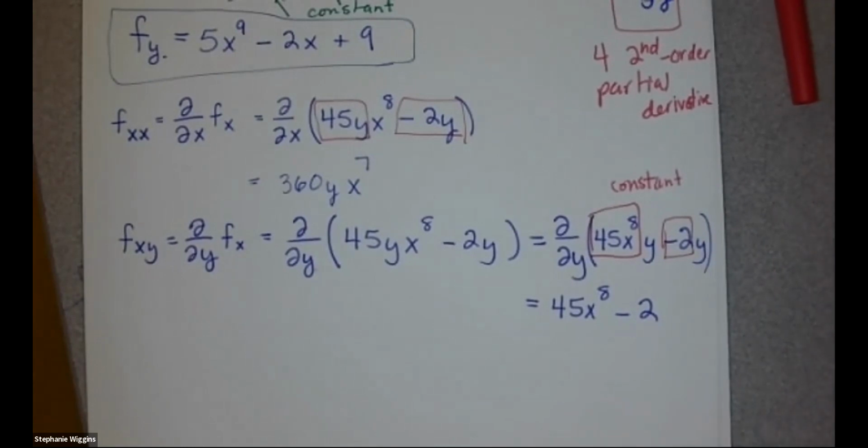So I'm going to go ahead and enter that, 45x to the 8th minus 2.